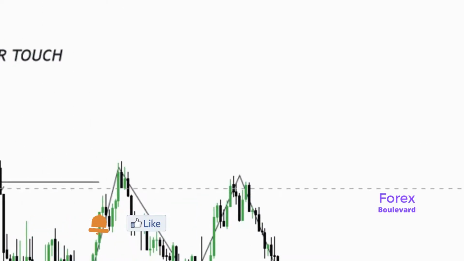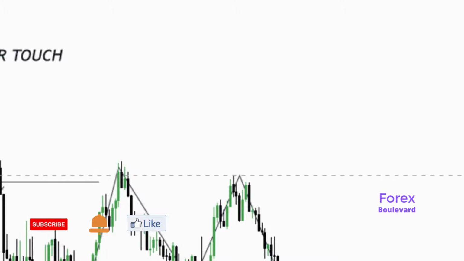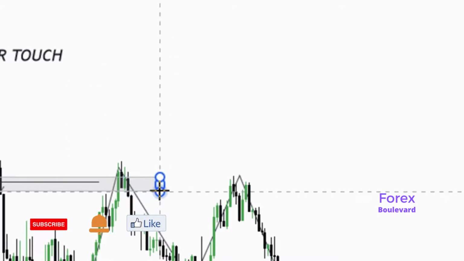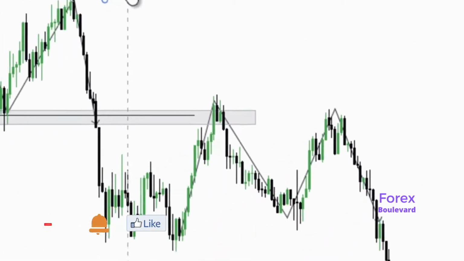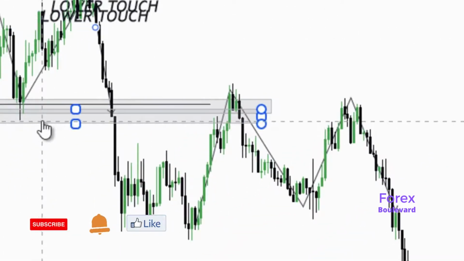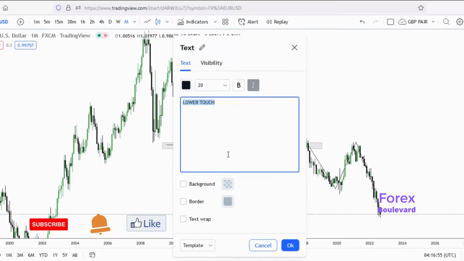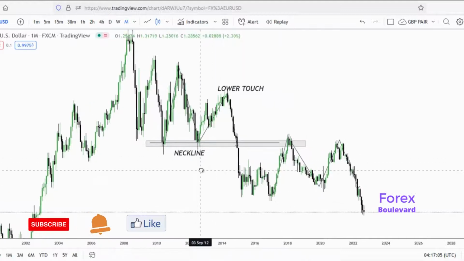Now, like I said, I don't like to use single lines in highlighting my support and resistance. I like to do this. So this is the neckline.